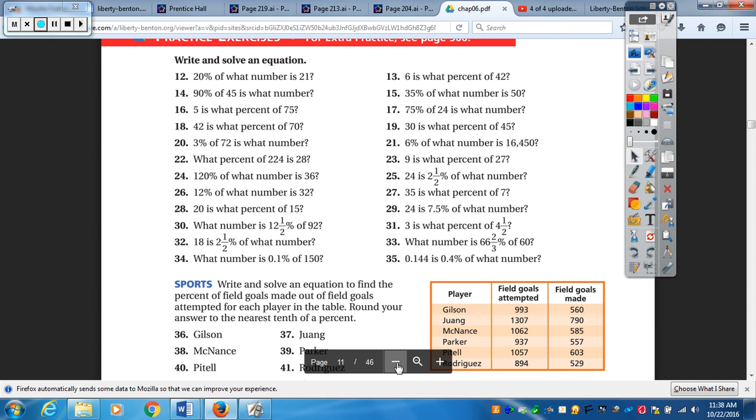Page 266, 30 to 35 and 43 to 50. If I look at the answers for 33 to 35, you should have for 33, 40, 34, .15, and 35 will be 36.